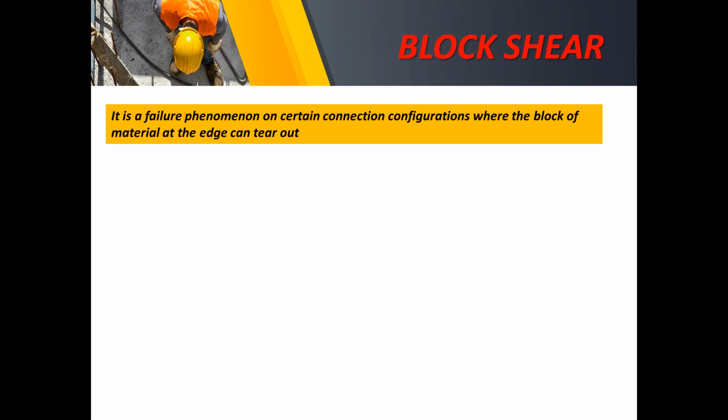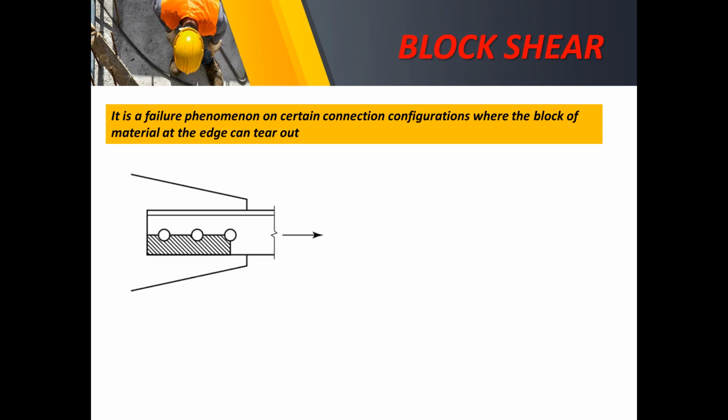Of course, there will be a stress near the connection of the bolt to the member or the plate. Say, for example, we have a tensile member subjected to a force P, and we should note that this member is connected through a rivet or a bolt to a gusset plate.